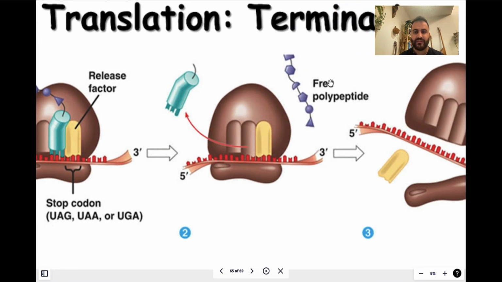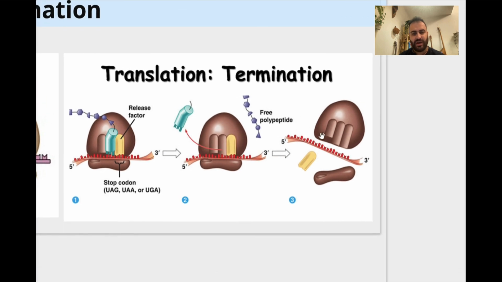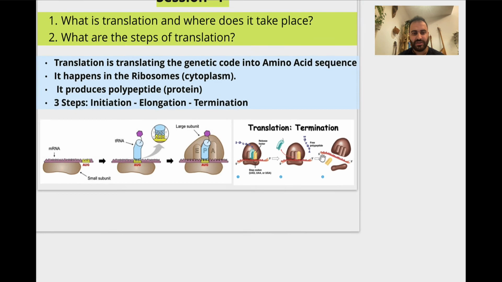That's it. This is the free polypeptide or the amino acid sequence, which is going to become later the protein. And this marks the end of translation. After that, the messenger RNA is going to detach, the two ribosome subunits will separate from each other, and everything is going to separate. Okay, so this is the termination.